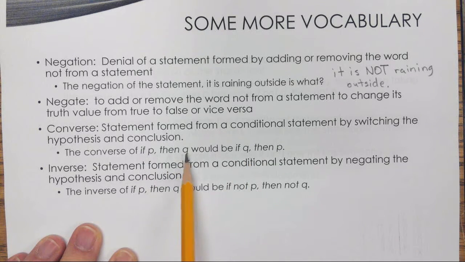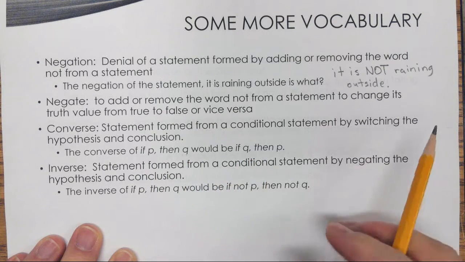You're just flipping that around. Whatever the conclusion is, you're putting it where the hypothesis is, and wherever the hypothesis is, you're putting where the conclusion is. So if P then Q would switch around to be if Q then P.